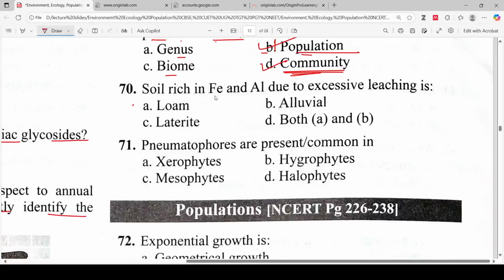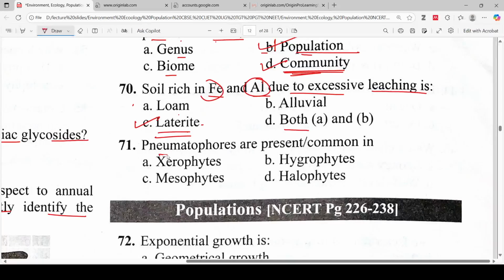Next question. Soil rich in iron and aluminium due to excessive leaching is: loam, laterite, alluvial, and both. So the correct answer is option C. The laterite soil has more iron and aluminium.